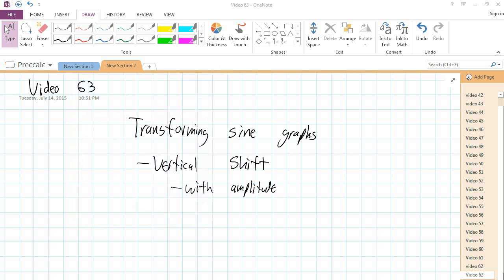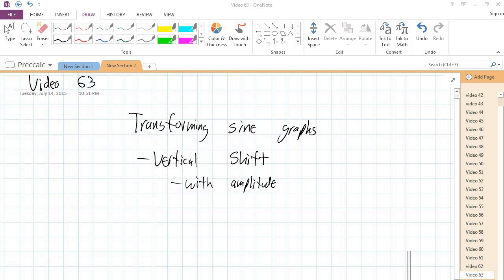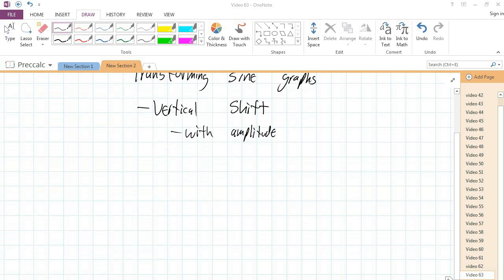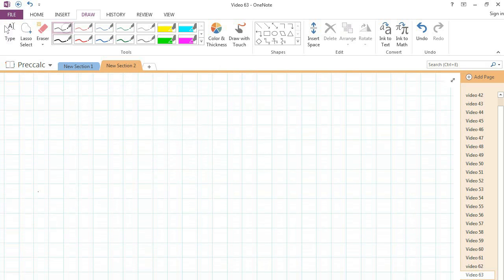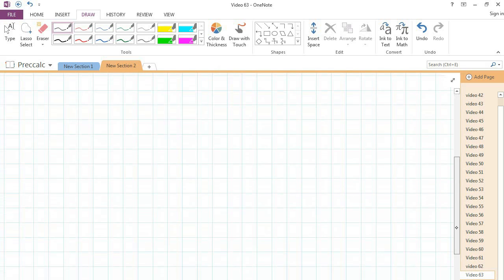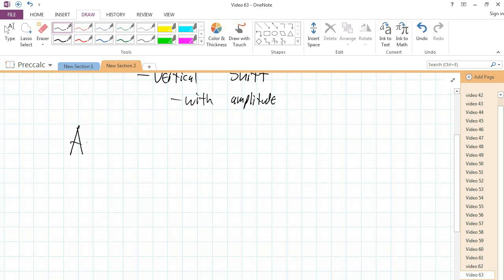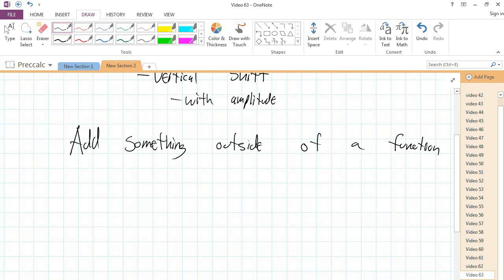If you recall from when we talked about transformations, a vertical shift is what happens when you add something outside of a function. That's a vertical shift.